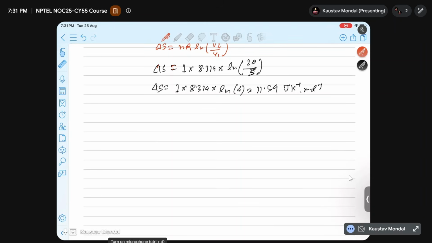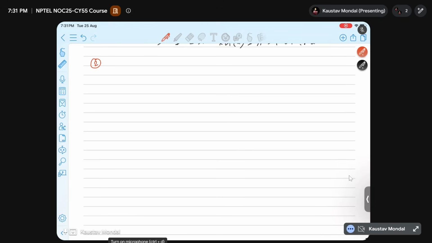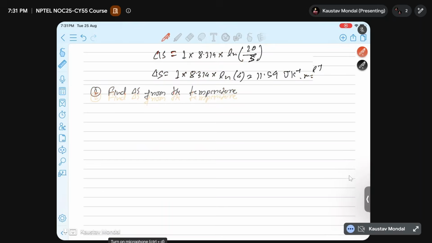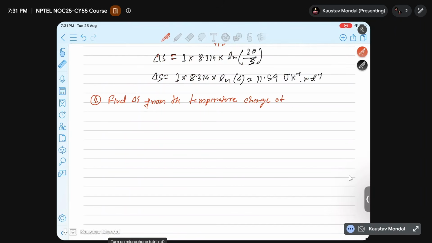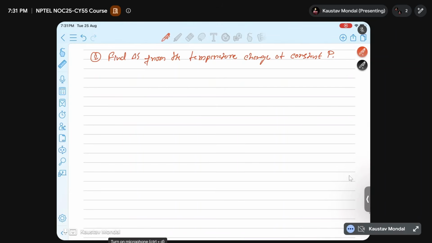The next problem is find delta S from the temperature change at constant P. Given n equal to 2 mole, Ti equal to 300 Kelvin, Tf equal to 600 Kelvin.